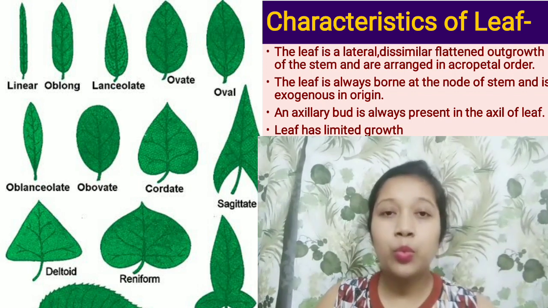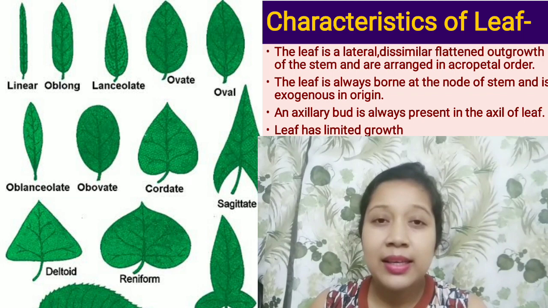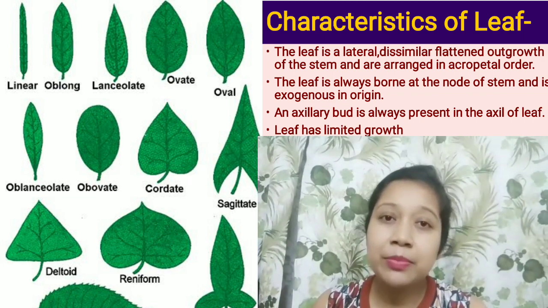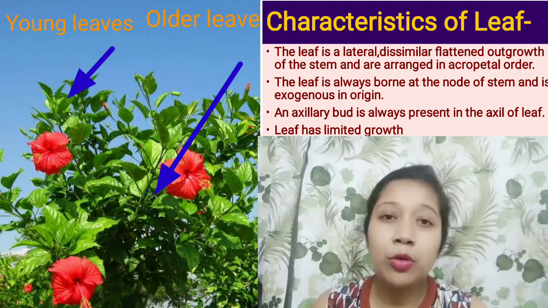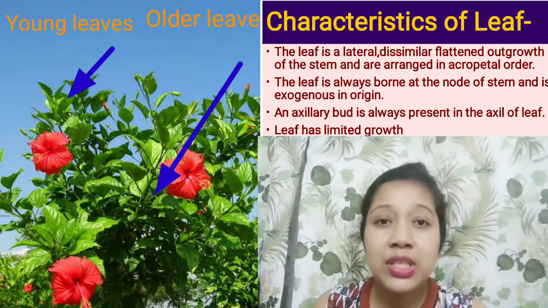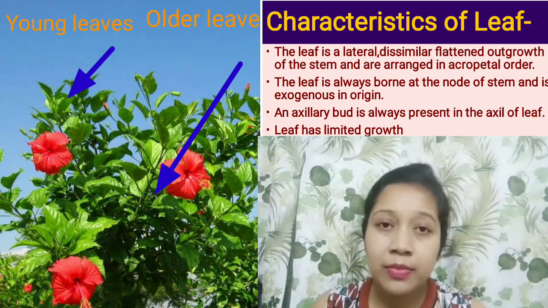acropetal order. Now, what does the word acropetal order mean? It has a very simple meaning. Acropetal means that the older leaves will always be towards the lower part of the stem, and towards the tip of the stem we will always find the young leaves.